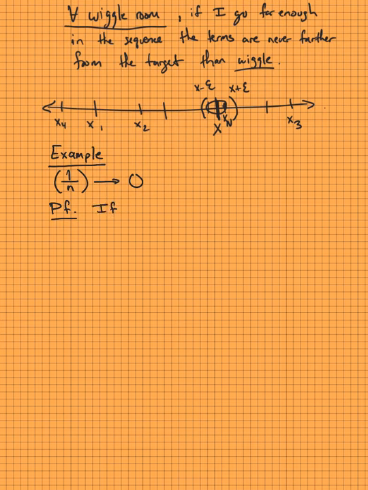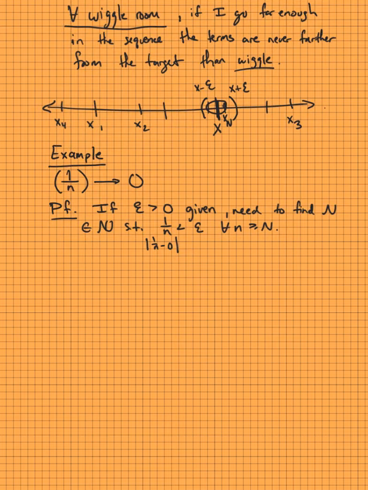To prove this with the new definition of convergence, let epsilon greater than 0 be given. We need to find an N in the naturals so that 1 over n is less than epsilon for all n bigger than or equal to N. I should have written 1 over n minus 0 here, just to keep track.